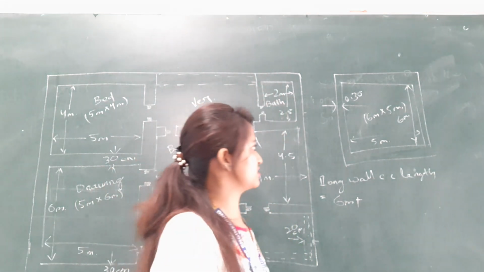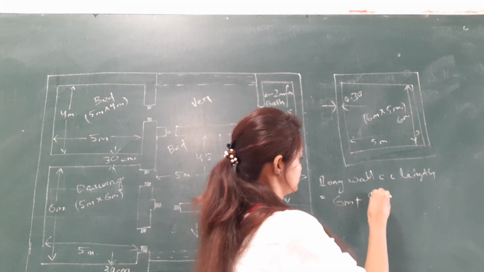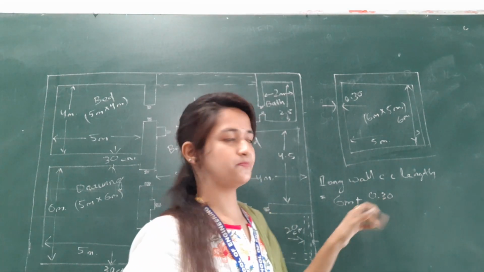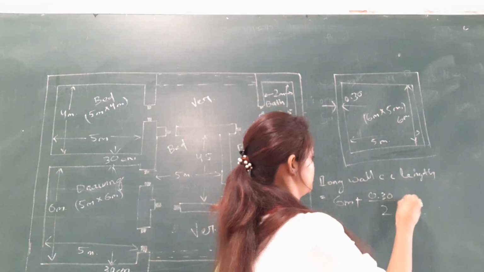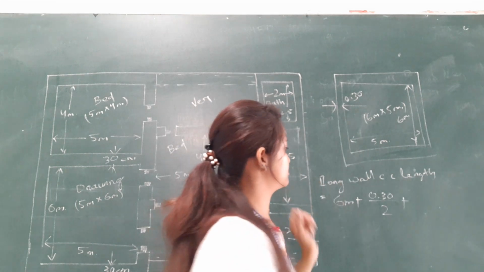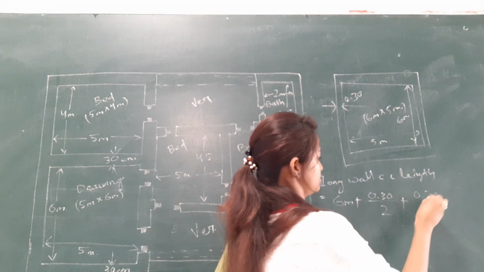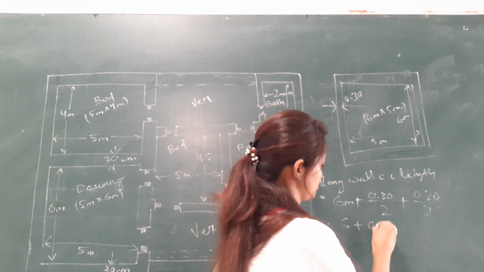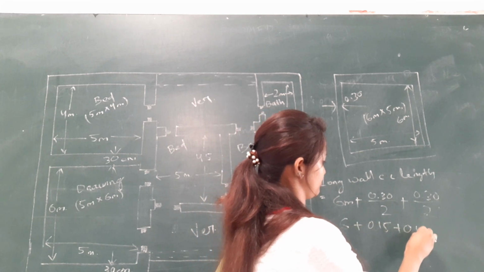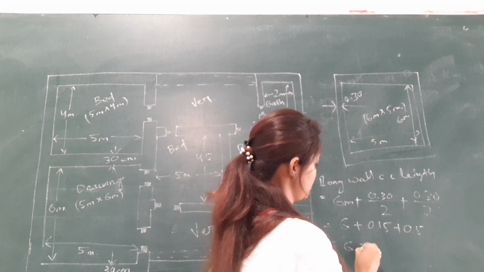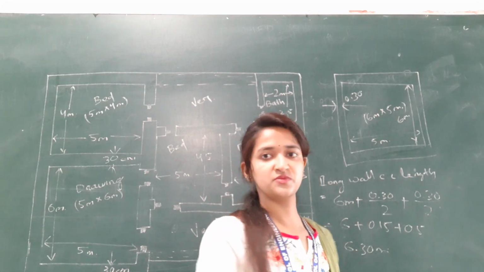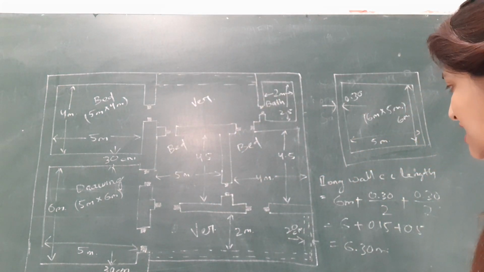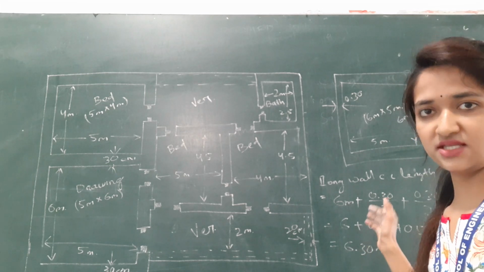Half of 0.30, taking it in meter, is 0.30 by 2 plus the other side 0.30 by 2, which equals 6 plus 0.15 plus 0.15 equals 6.30 meter. So the center to center length is calculated by this process.